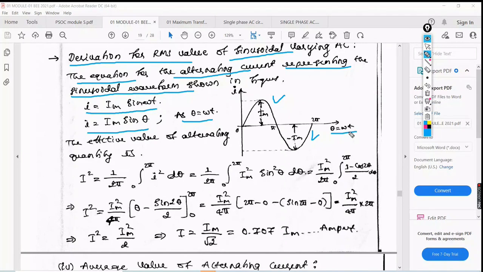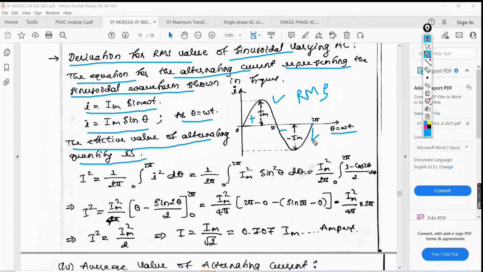But I want the effective value, it means the root mean square value. So the effective value of the alternating quantity is given by I square equals 1 divided by 2 pi. Whenever you evaluate the RMS value, you have to take the complete positive half cycle and negative half cycle together.